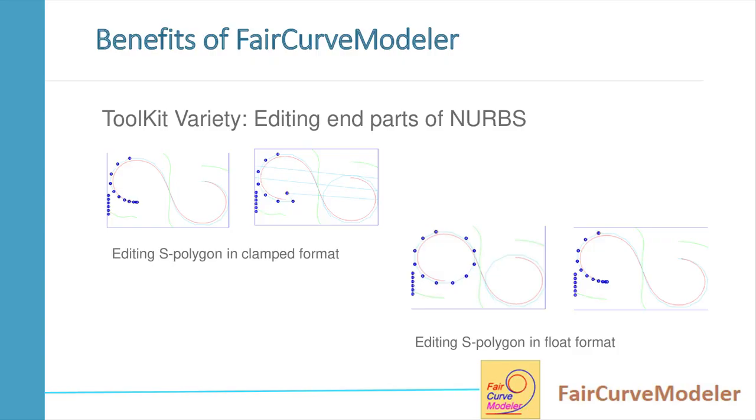Therefore, a harmonized, correct, regular shape of the S-polygon in float format is a necessary condition for the high quality of the spline curve. A technique for modeling a curve on an S-polygon in an open format has been developed.